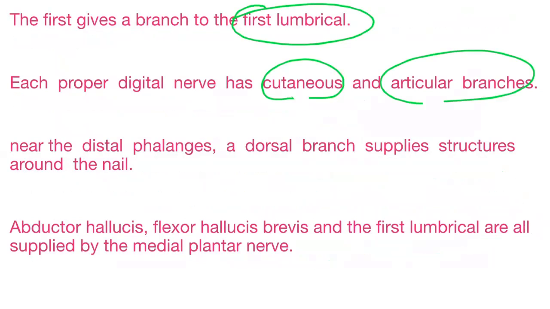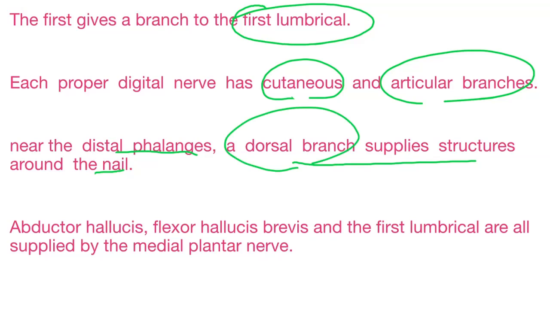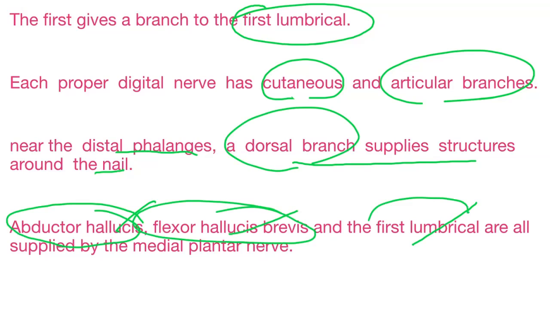So again, these digital branches have cutaneous and articular branches. Near the distal phalanges, a dorsal branch supplies the structure around the nail. Okay, abductor hallucis, flexor hallucis brevis, and the first lumbricals are all supplied by the medial branch. So remember those things: abductor hallucis, flexor hallucis brevis, and first lumbrical. Right, this one, first lumbrical.